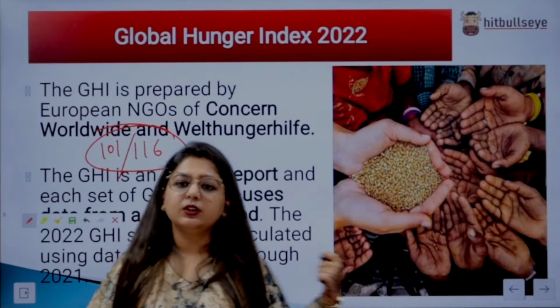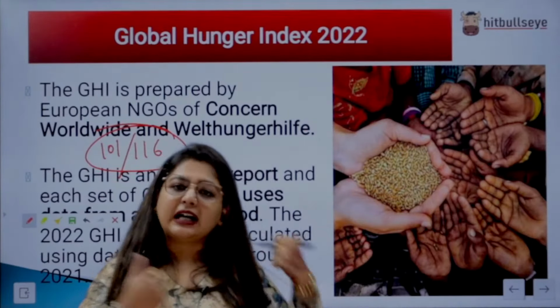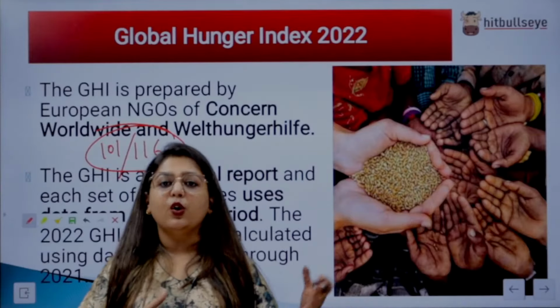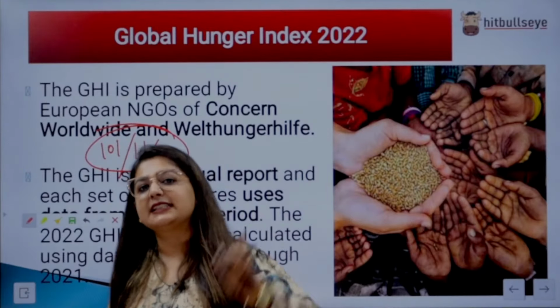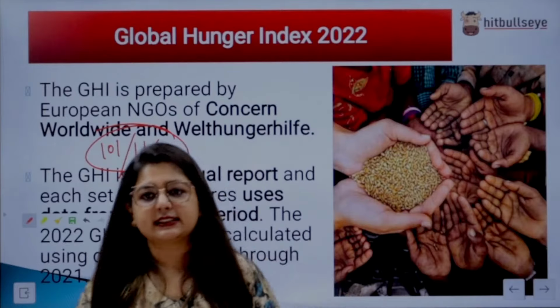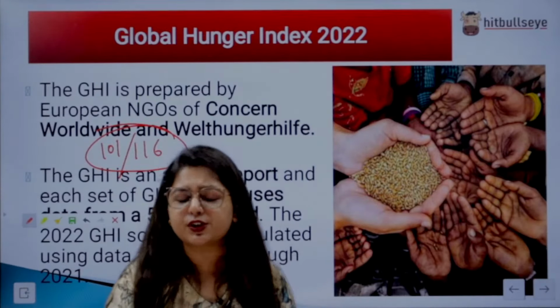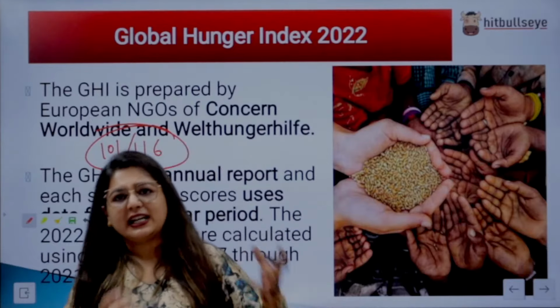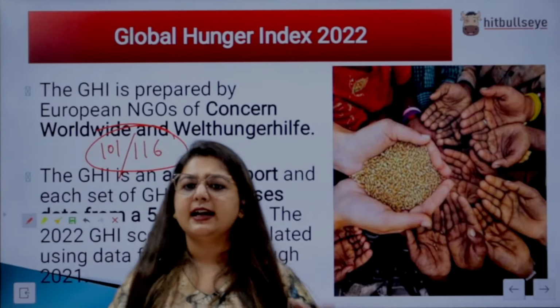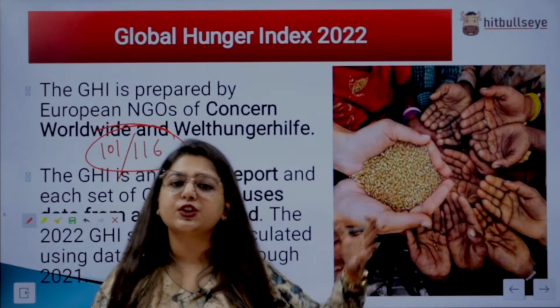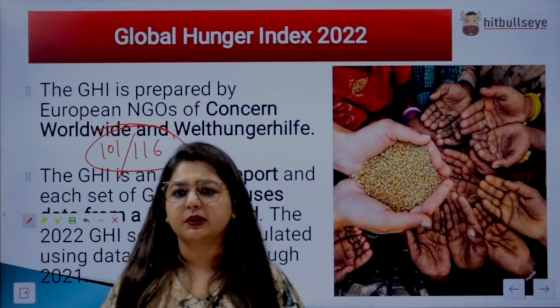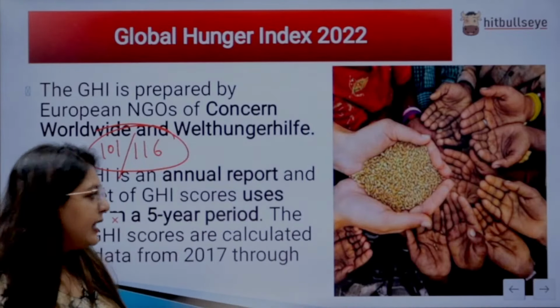Now coming to the Global Hunger Index. The Hunger Index states that India is ranking 101 out of 116, which means that the situation of malnutrition, child wasting, child stunting, and child mortality is prevalent in India, which is why India has underperformed in the Global Hunger Index as well.